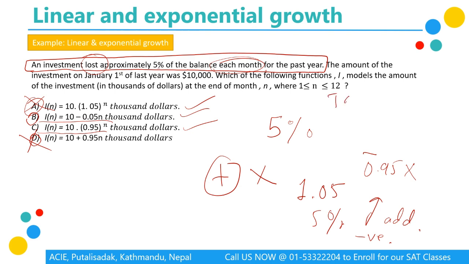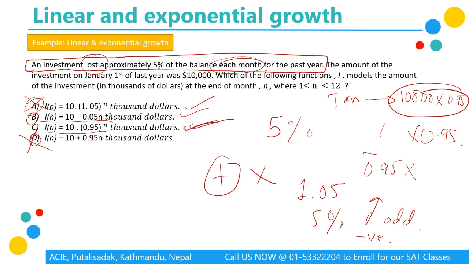So if in the month of January it was $10,000 and that is getting multiplied by 0.95, a certain number remains. Now that number again is going to get multiplied by 0.95 and again. So in that way, we know that each month it's getting deducted by a different number and not the same number. Hence, the right answer for us is going to be C and not B.